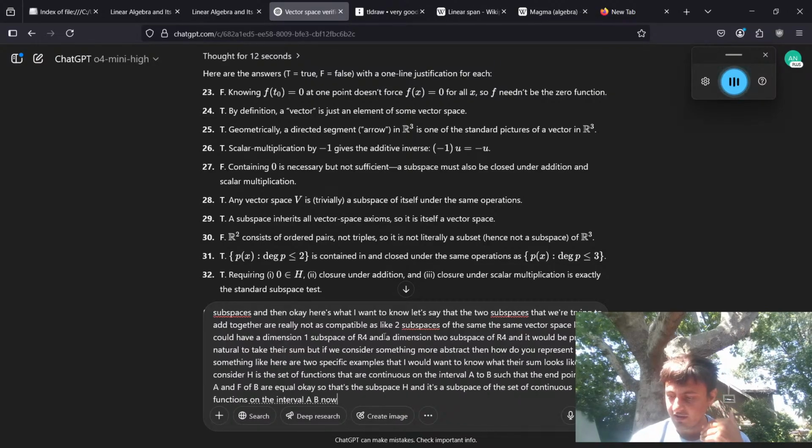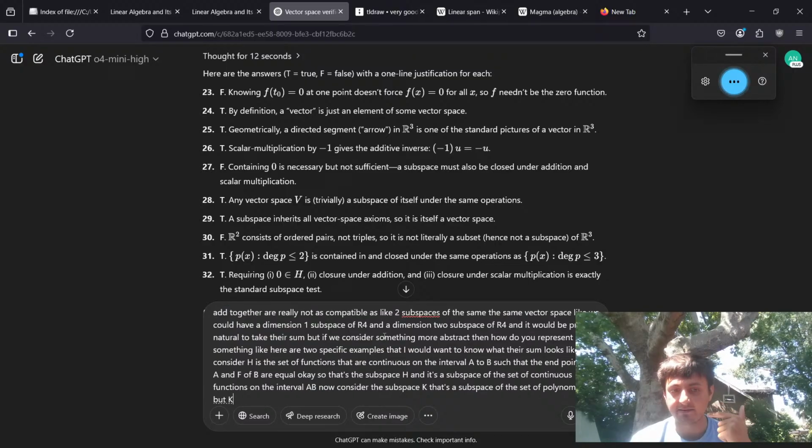Now consider the subspace K, that's a subspace of the set of polynomials, but K has polynomials of at most degree 3. How do you add those two subspaces together when they aren't subspaces of the same overall vector space?